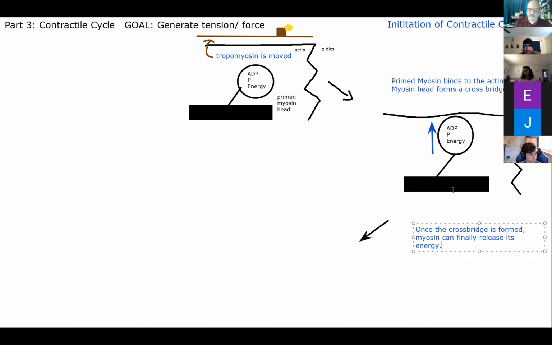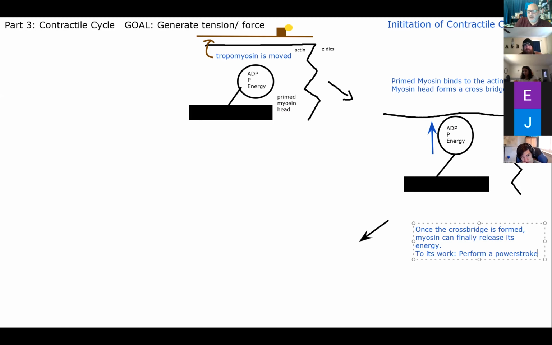It's finally able to do its work. And in this case, its work is going to be, again, another fancy term, perform a power stroke.